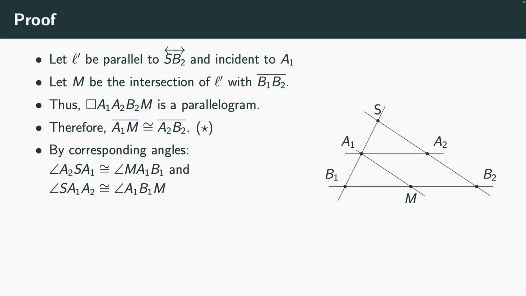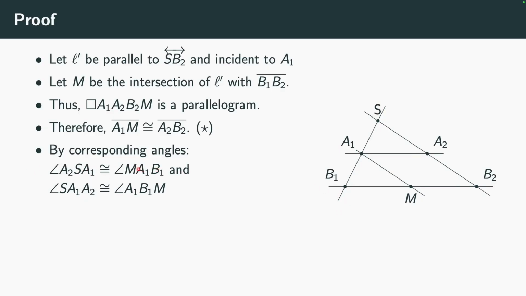The next thing I have is that by corresponding angles, a version of the alternate interior angles theorem, the angles at A2SA1 and MA1B1 are congruent. I'm looking at my parallel lines A1M and SB2, my two oblique parallel lines, and thinking of SB1 as being a transversal.